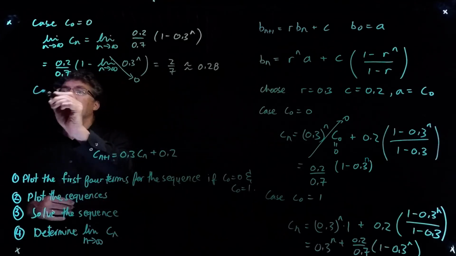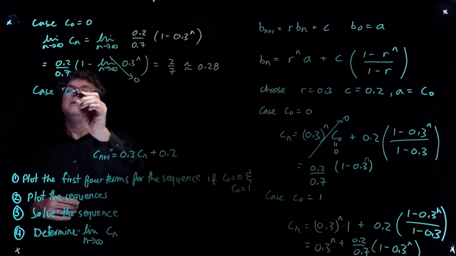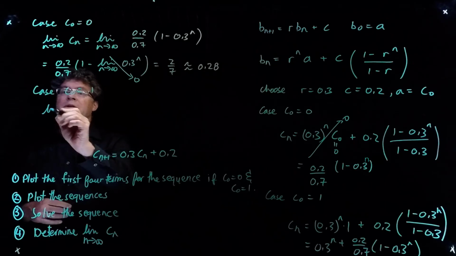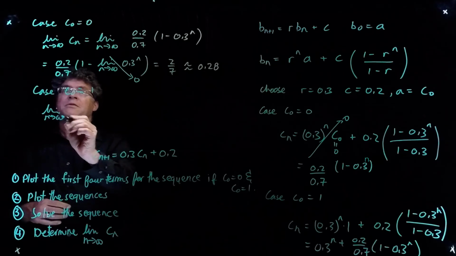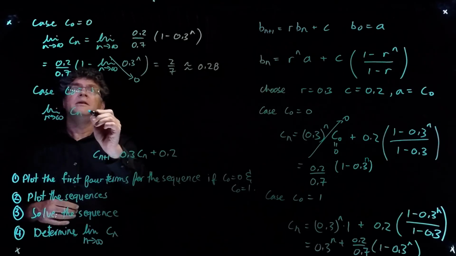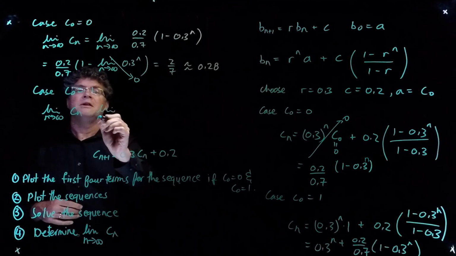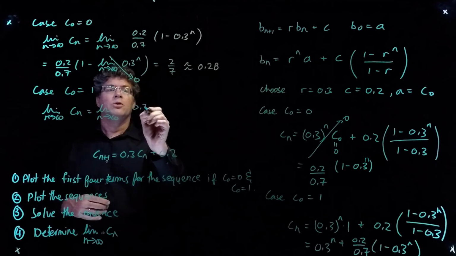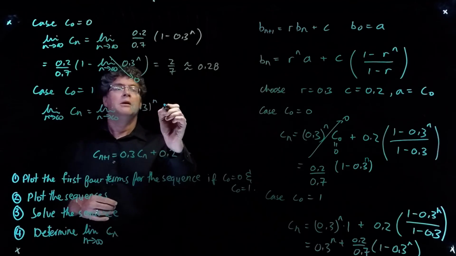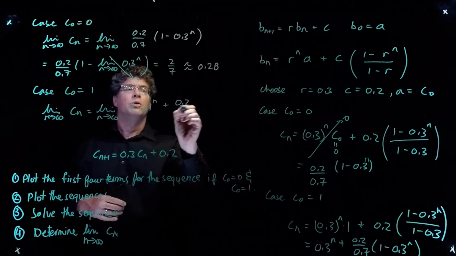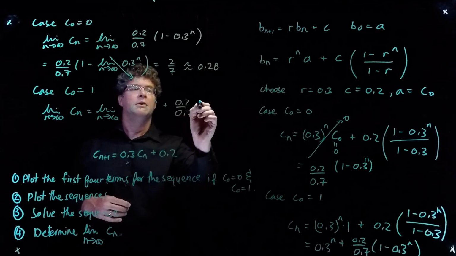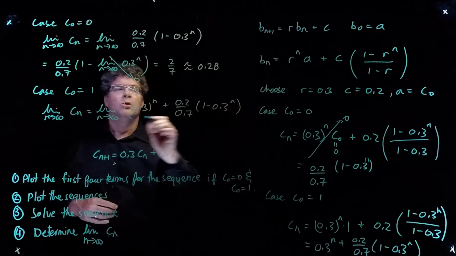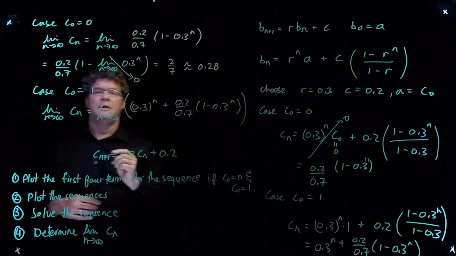And if we start with the case C_0 equal to 1, we have the limit as n goes to infinity of C_n is equal to the limit of 0.3^n plus 0.2 over 0.7 times (1 - 0.3^n), and put brackets around the whole thing.